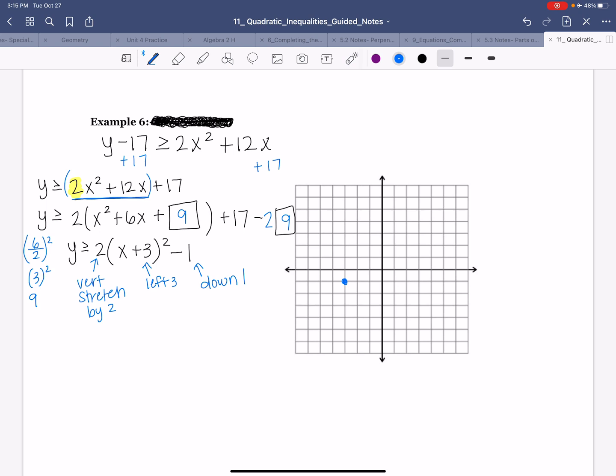When I have a vertical stretch by 2, I'm going to take that 1, 3, 5 ratio: over 1, up 1, over 1, up 3, over 1, up 5, and you're going to double that. So I'm going to go over 1, up 2, over 1, up 6, over 1, up 10. So over 1, up 2, over 1, up 6. 1, 2, 3, 4, 5, 6.